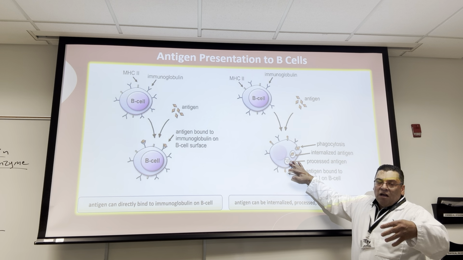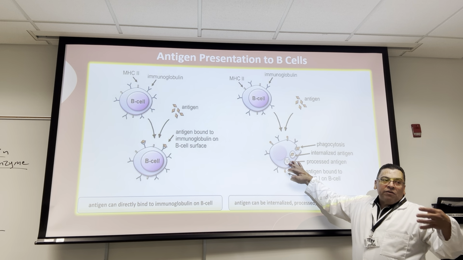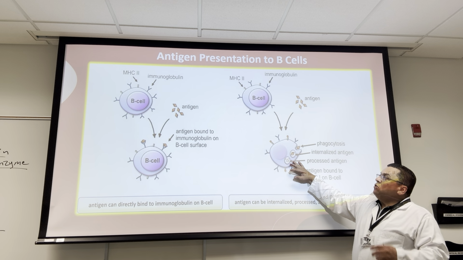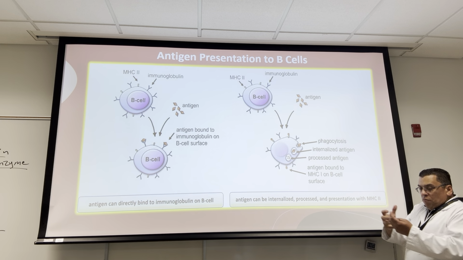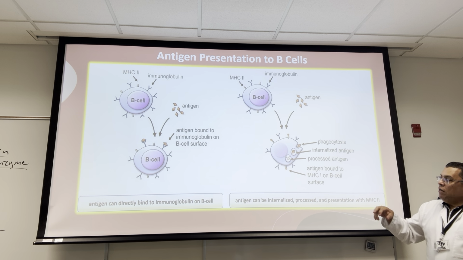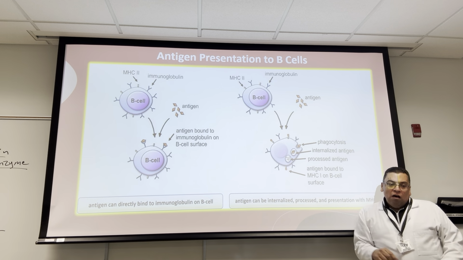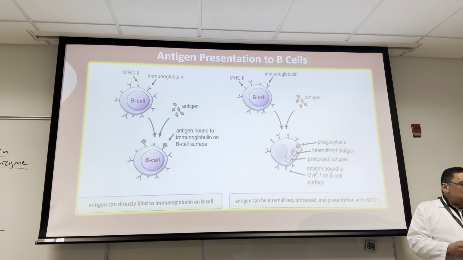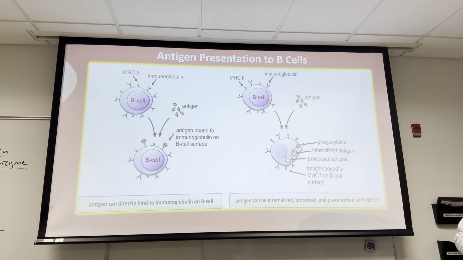Remember, B cells are also antigen presenting cells. So the B cell can also phagocytose a pathogen, process it, and bring it to the surface of the cell. It has MHC2, and it will also have MHC1, but it will present MHC2 antigens to helper T cells, and it will present MHC1 antigens to the cytotoxic T cells.